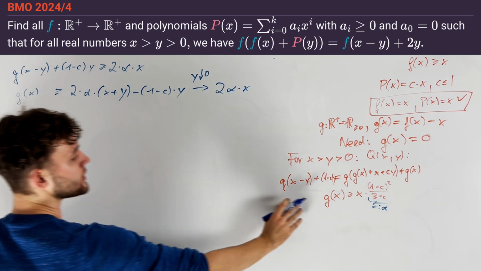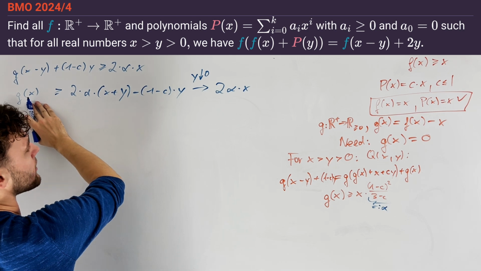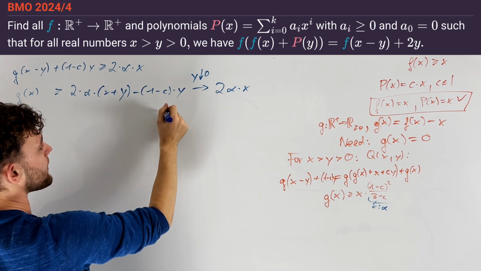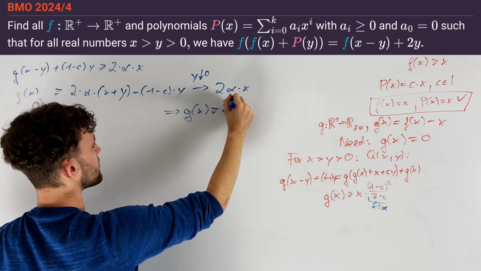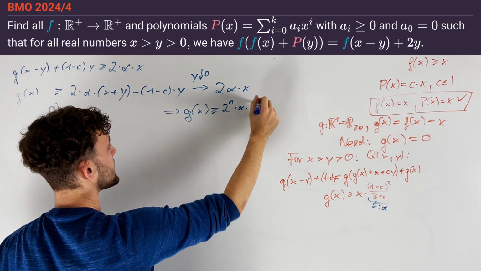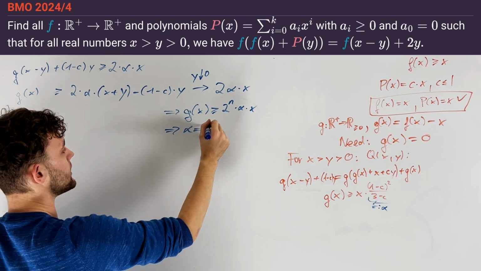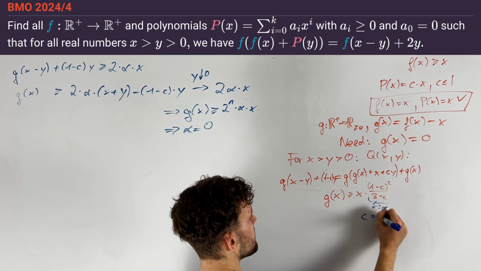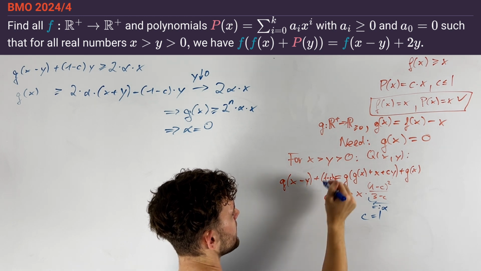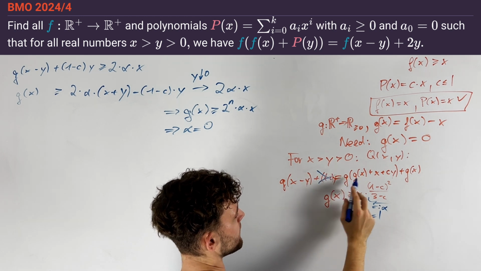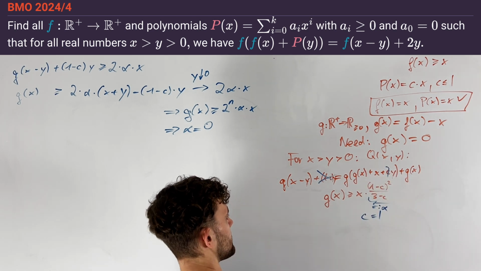So we obtain from g(x) greater than or equal to alpha x that g(x) must be greater than or equal to 2 alpha x, and therefore by induction we get g(x) greater than or equal to 2^n times alpha times x for any n, and therefore we have alpha equal to 0. So we have c equals 1, and our functional equation simplifies to g(x - y) is equal to g(x + y) + g(x).